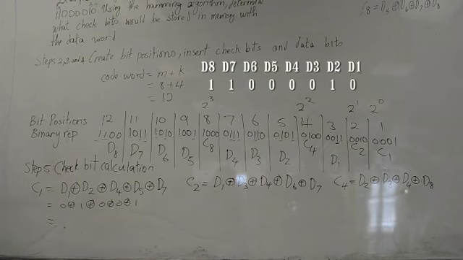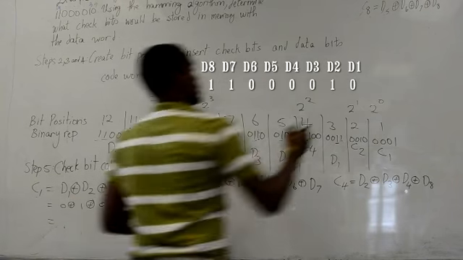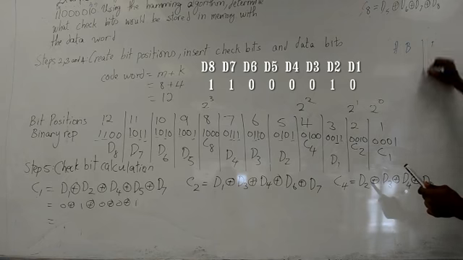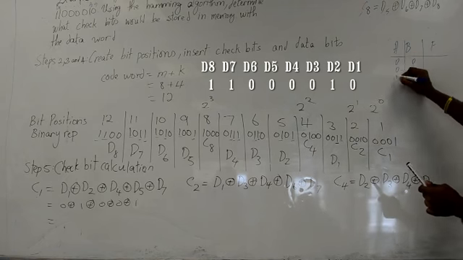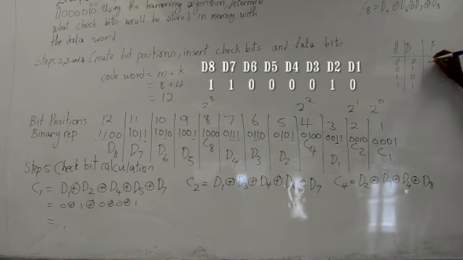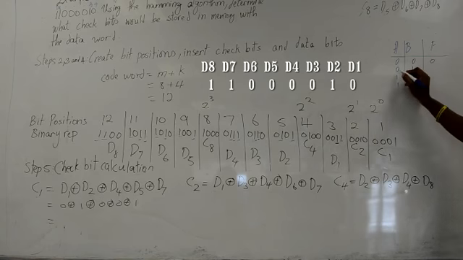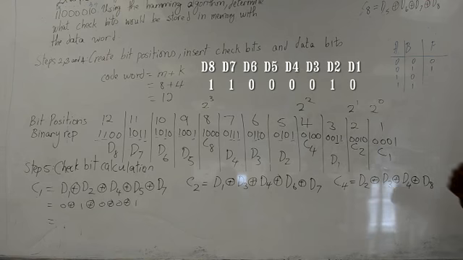Now a quick note on exclusive OR. In exclusive OR, the only time that we'll get a 1 is when we have only one bit being a 1. So if you have two zeros, then that's going to be 0. If you have a 0 and a 1, it's going to be 1. If you have a 1 and a 0, it's going to be a 1.